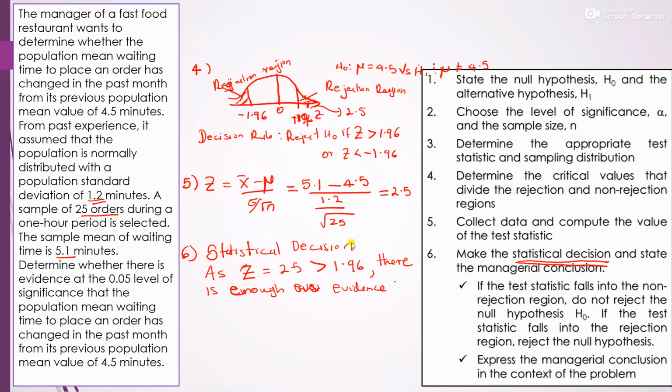There is enough evidence to reject H naught. What is the level of significance we have? 5%. At 5% level of significance.